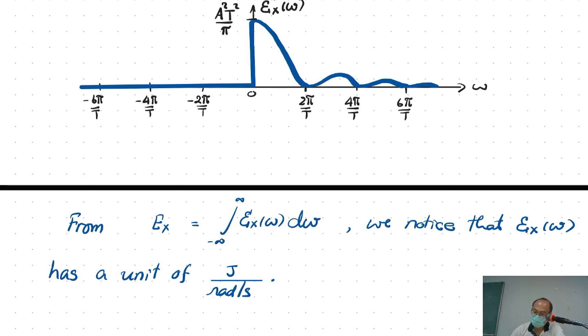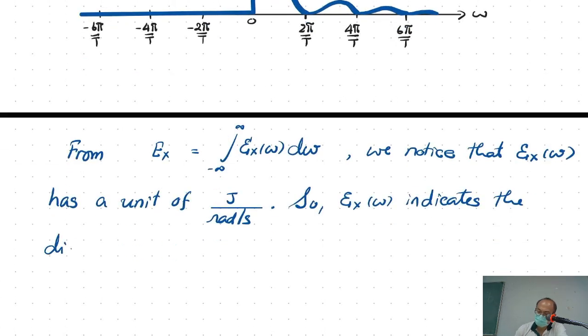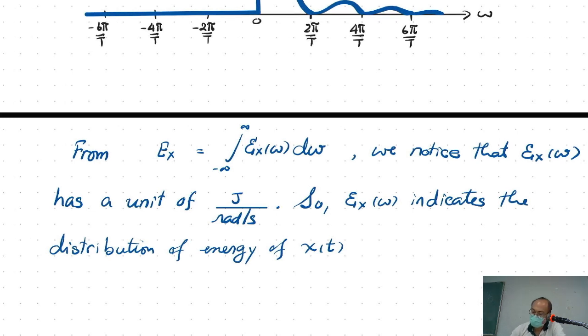Because of the unit there, joules per radians per second, the ESD will indicate the distribution of energy of X across the frequency spectrum.